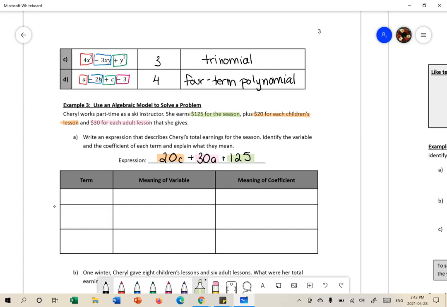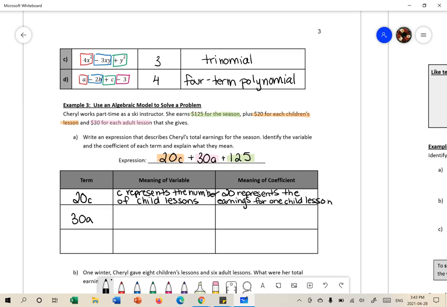All right, let's complete the chart with each individual term in the polynomial, starting with 20C. So the C represents the number of child lessons, and the coefficient 20 represents the cost for one child lesson. Next term, 30A.